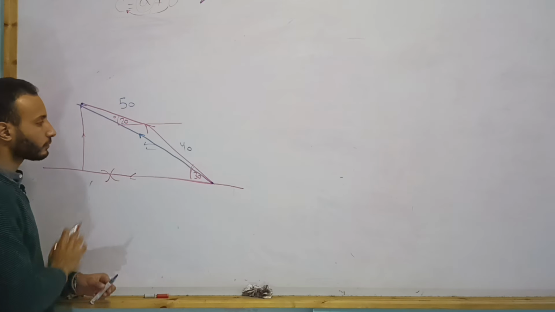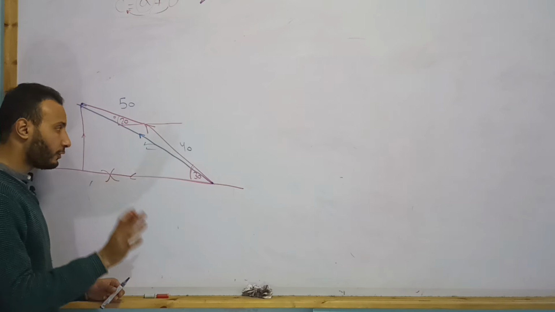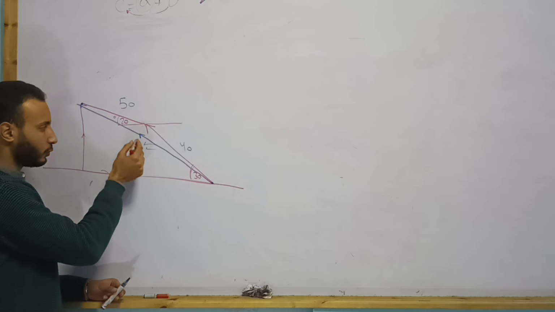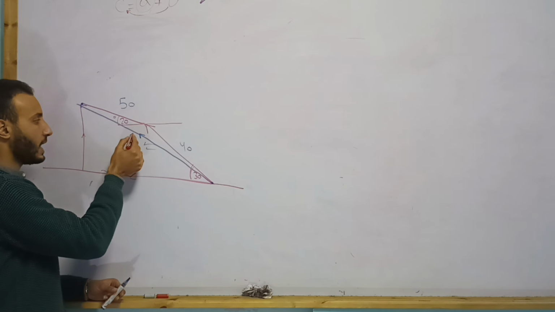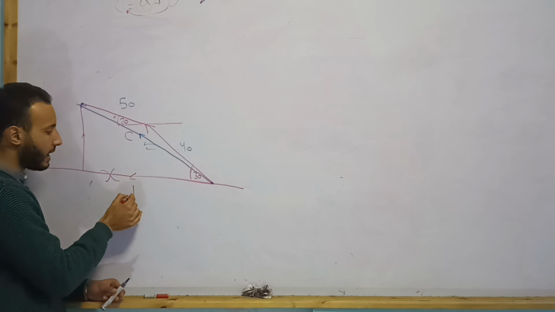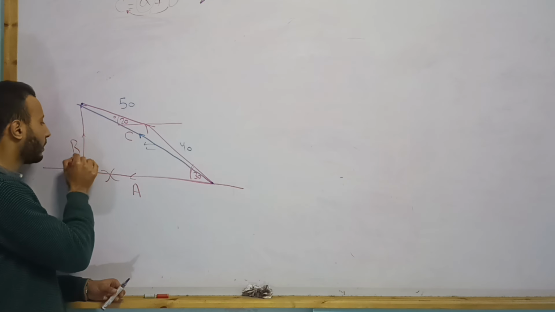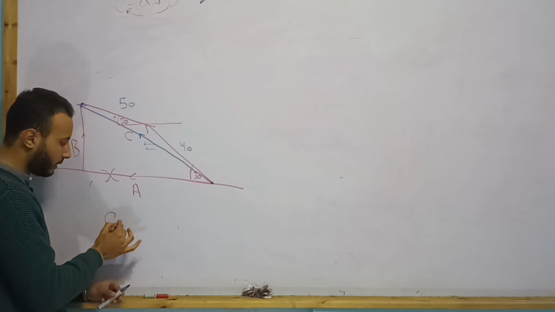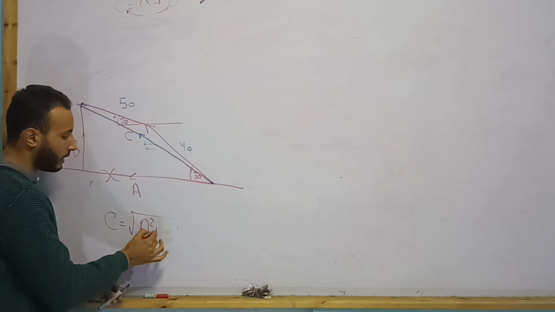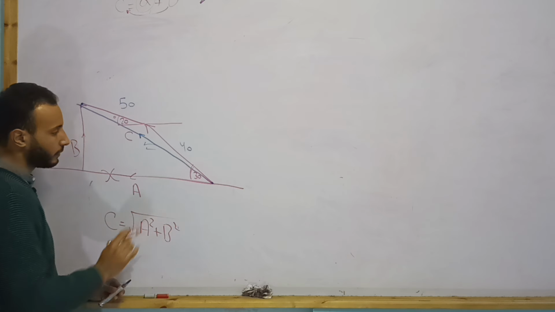Anyway. But you have to know, in order to get this hypotenuse, which is called, for example, C, you have to get the A and B. Because as you know, C is equal root A square plus B square.